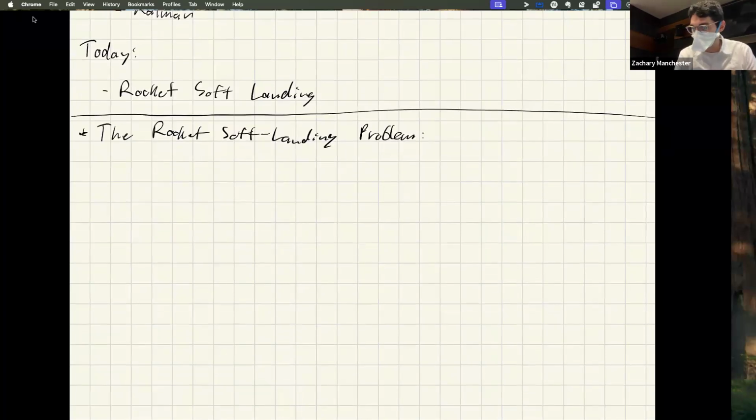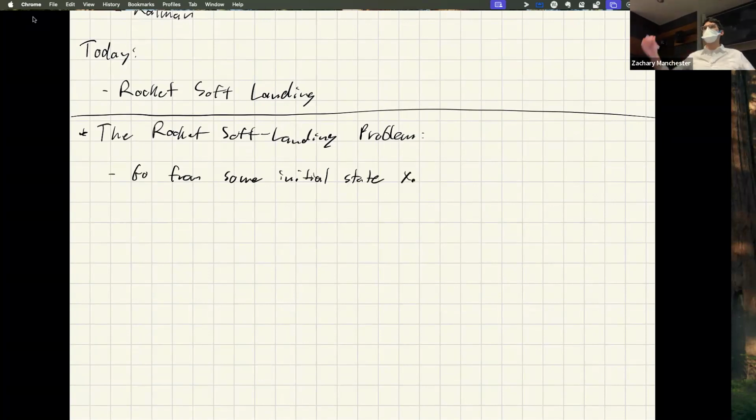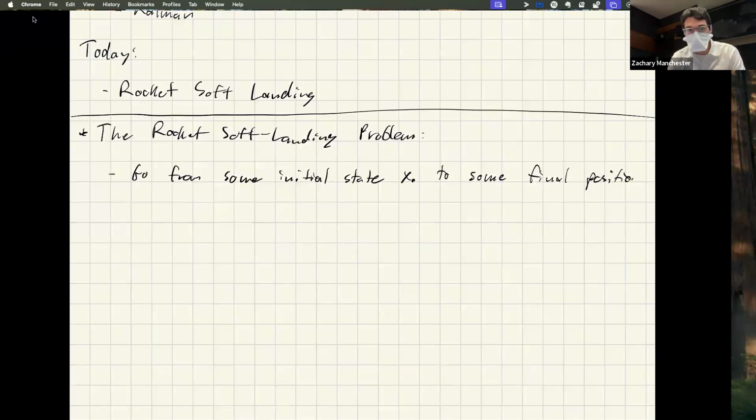Okay, so first, the problem. This is kind of a mathematical idealization, the classic control problem. The idea is you want to go from some initial state x naught, that is presumably somewhere off the surface, falling ballistically or something like that, to some final position, call it R final, with the height equal to 0 and the velocity approximately 0.